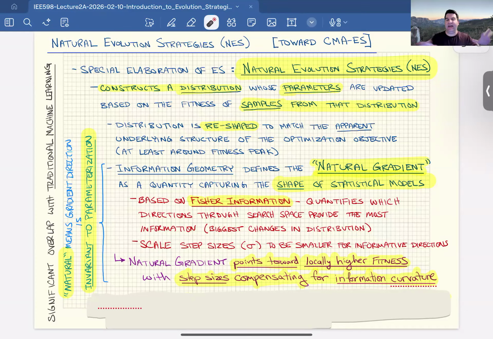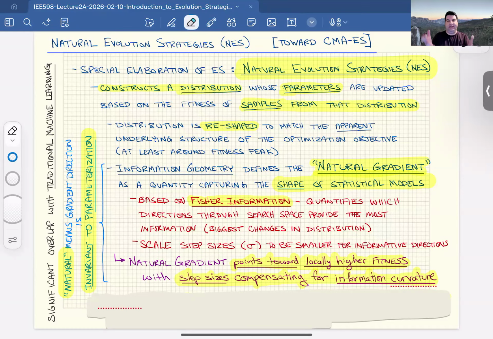And it will automatically scale and rebalance for whatever coordinate frame you choose to make sure that you're always going in the direction where changes are most likely to increase the fitness objective as you're sampling.